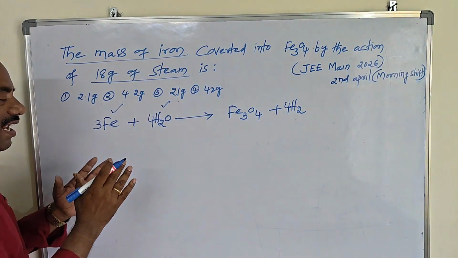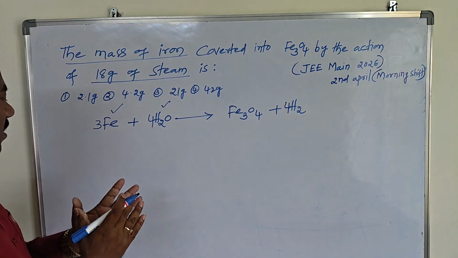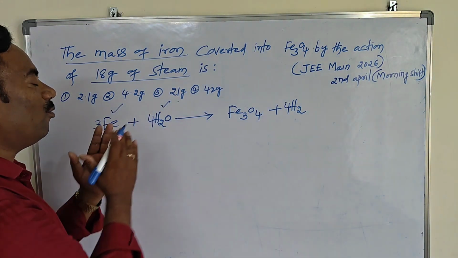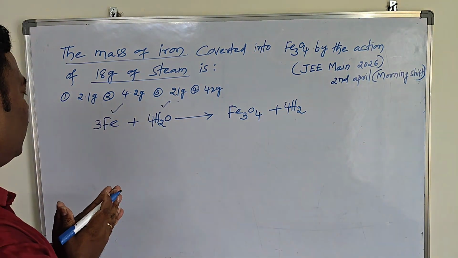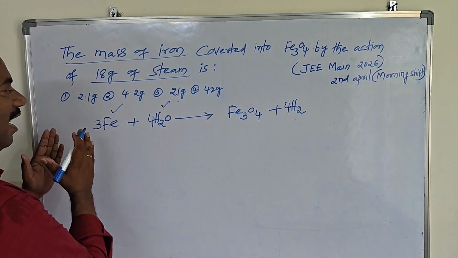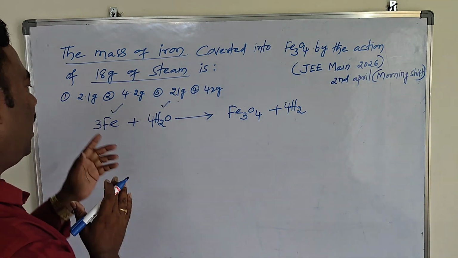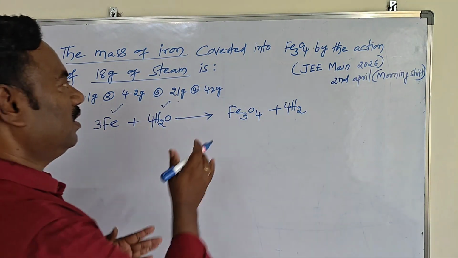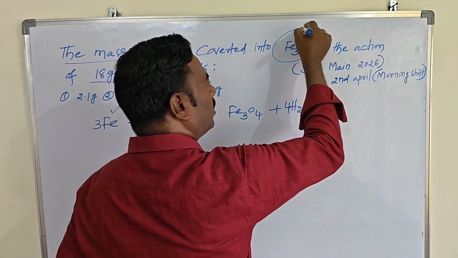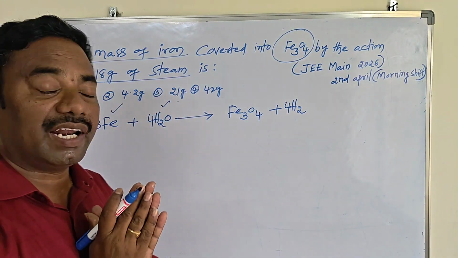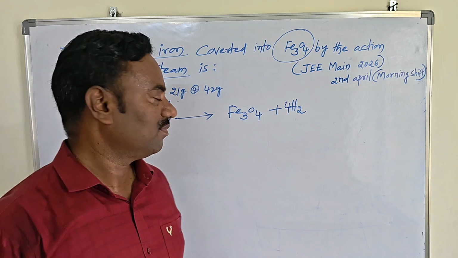Here data is there for iron and water. There is a link between iron and steam. In the problem, Fe3O4 is there, but they are not asking anything about that.